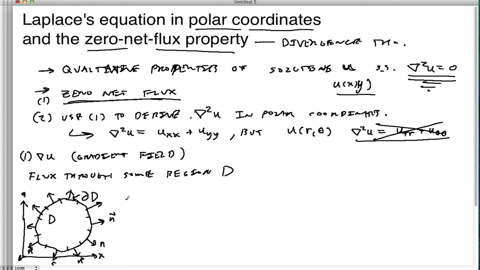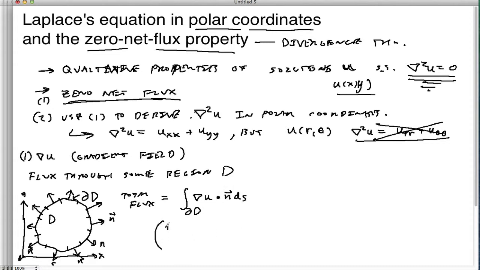All right, and then the total flux is simply going to be the closed integral over the boundary of D of the gradient dotted with that normal, ds.